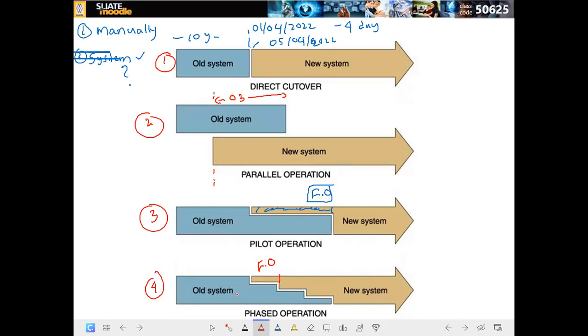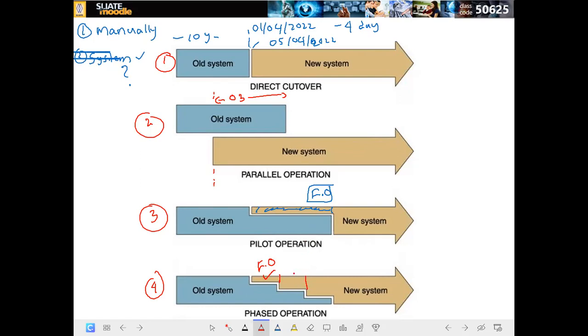Only that one part is run with the new system. Front office runs on the new system. Then after a certain period of time, you are going to implement another module.